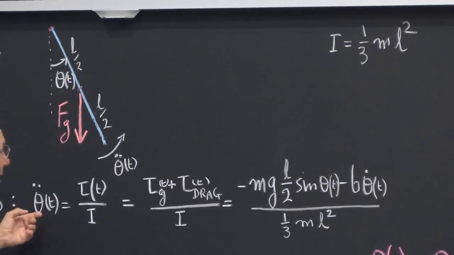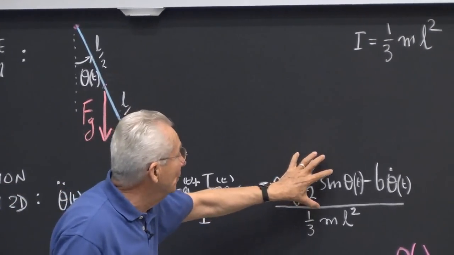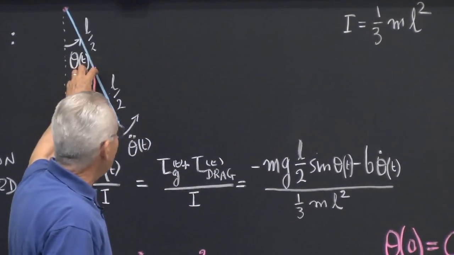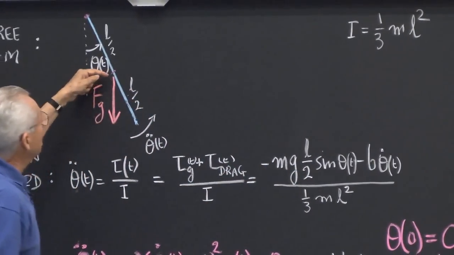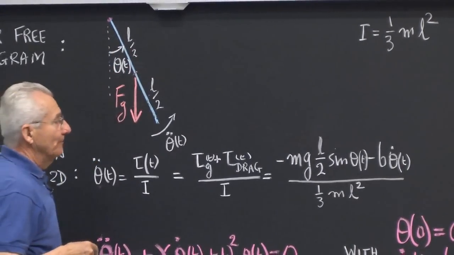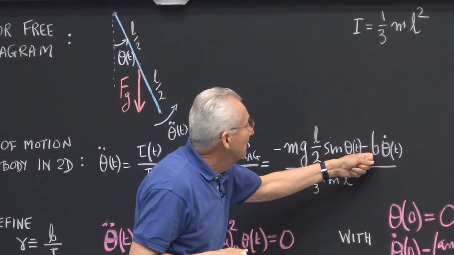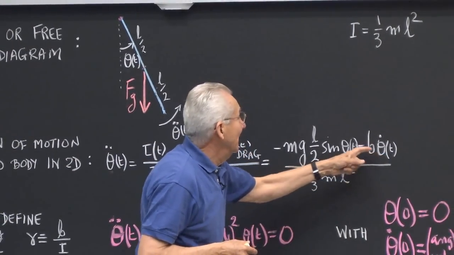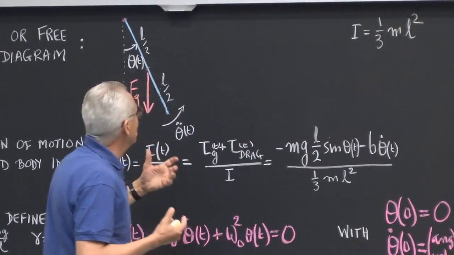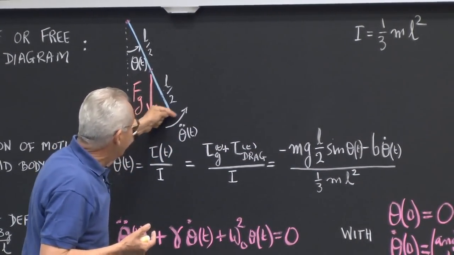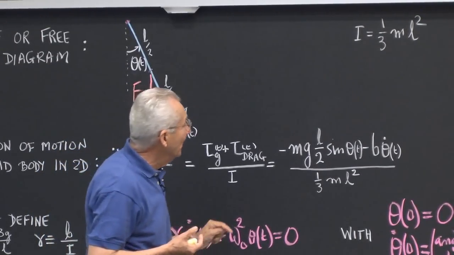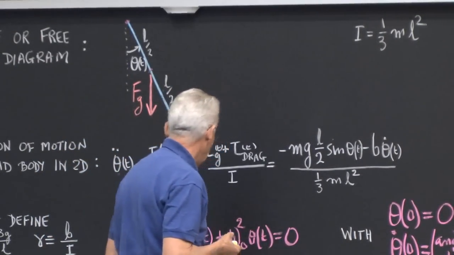So this is equal to the torque due to gravity, which is negative because it's a clockwise torque, minus b theta dot, which is also negative because the drag force is always in opposition to the angular velocity, all divided by I.